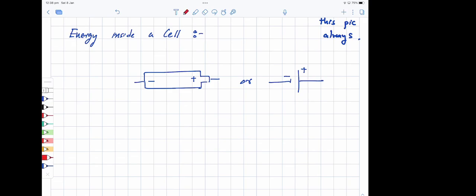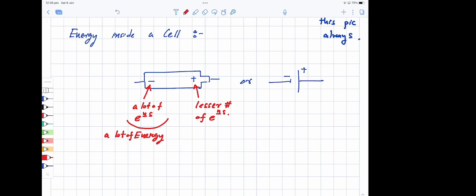So this is what you have here. Now here you have a lot of electrons. A lot of electrons. Here lesser number of electrons, right? So when you have lot of electrons, you have energy, right? A lot of energy. Here you have less energy, right?